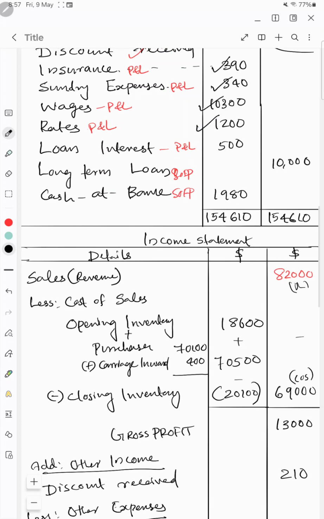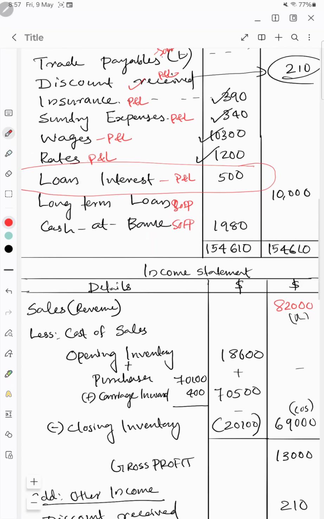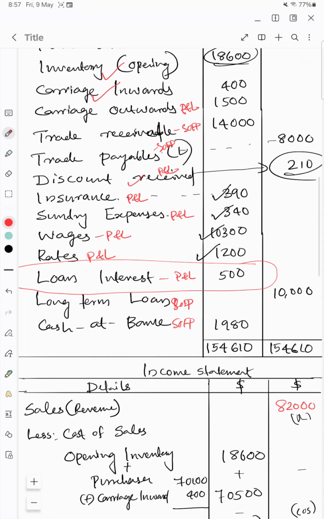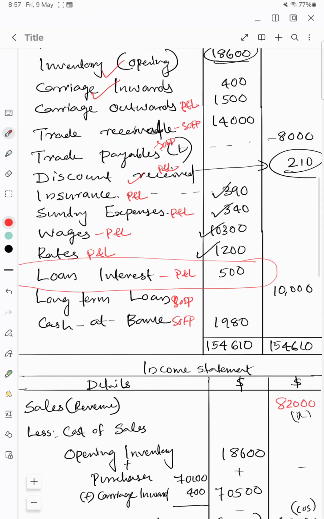Then we have loan interest. Comparing with the other expenses, all other expenses are revenue expenses related to operating activity. Operating activity means the day-to-day expenses of the business, but loan interest is a different category, a finance cost. So it's not operating activity, it's finance related.